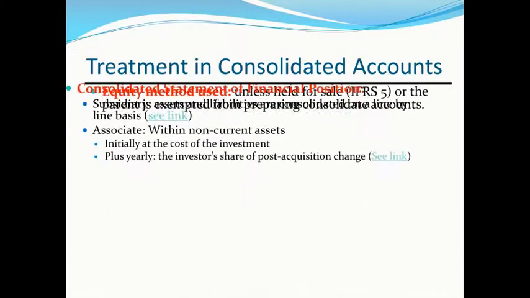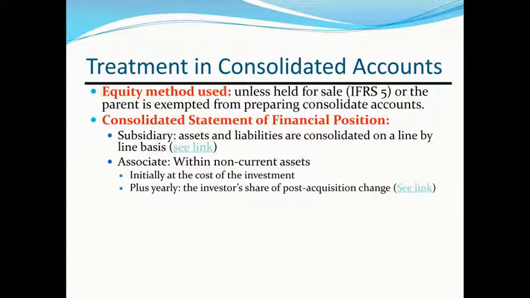Moving to the accounting treatment. Okay, the main method in accounting that we use to account for an associate in consolidated financial statements is mainly known as the equity method.